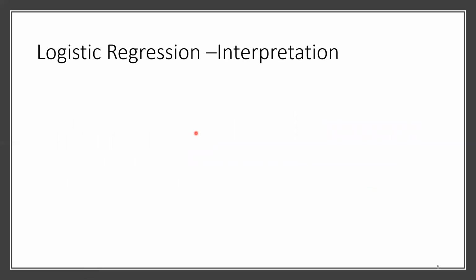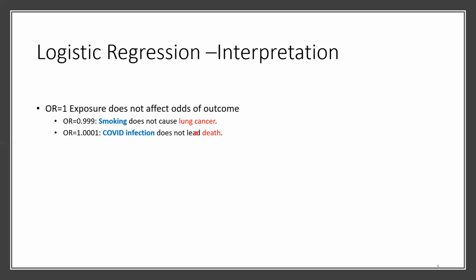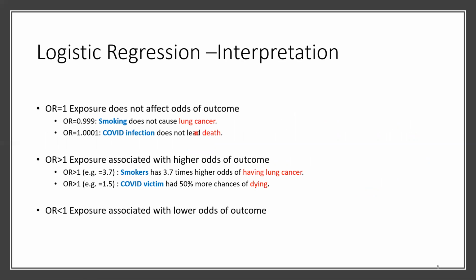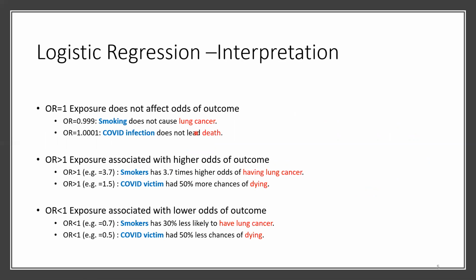The interpretation of the odds ratio also relies on its value. It lies from 0 to infinity. If the odds ratio is equal to or around 1, we say that the exposure does not affect the odds of the outcome. For example, if the odds ratio is around 1, in our first example it implies that smoking does not cause lung cancer, or that COVID infection does not lead to death.